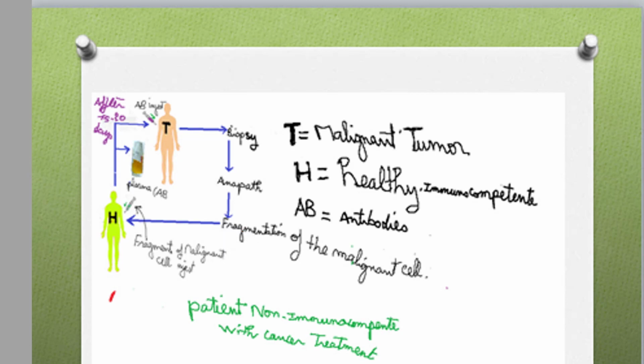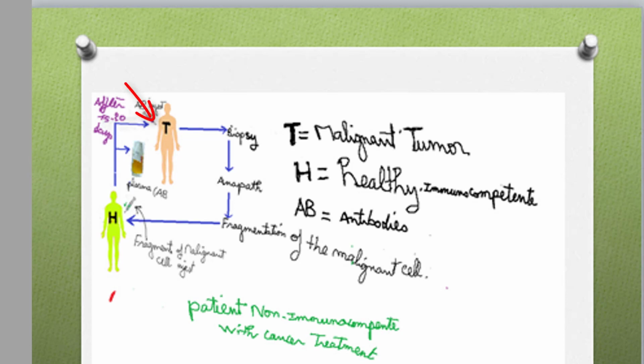Then we inject the fragment of malignant cells into another body, which is immunocompetent, healthy, non-cancerous. We leave the body under observation. After 15-20 days, we take specific antibodies against the fragment of malignant cells.